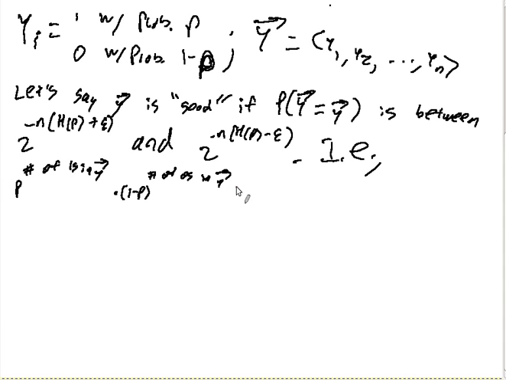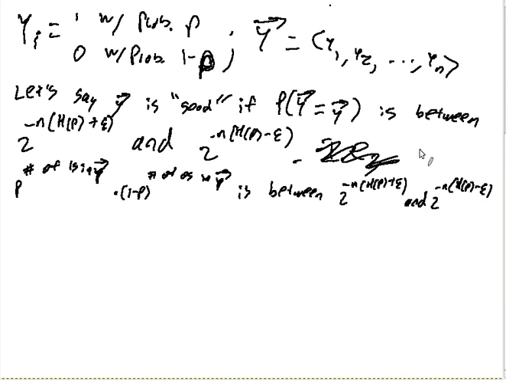But we want to show that this condition almost certainly holds of big Y, so I'll replace these little y's with big Y's, not that you can tell the difference with my handwriting. And we want to show that this is between 2 to the negative n h of p plus epsilon and 2 to the negative n h of p minus epsilon with probability 1 as n gets large.